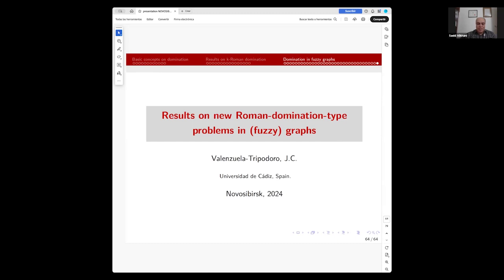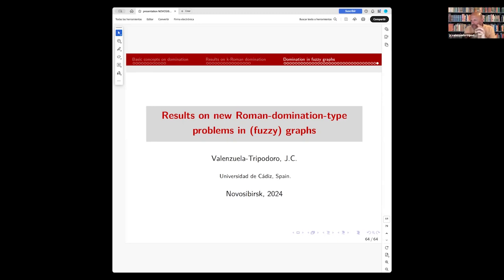Juan, I think computation of the Roman domination number for a fuzzy graph is not possible exactly, yes? Or we must just obtain an upper bound and lower bound based on mu, am I right or not? Yes, you are right.